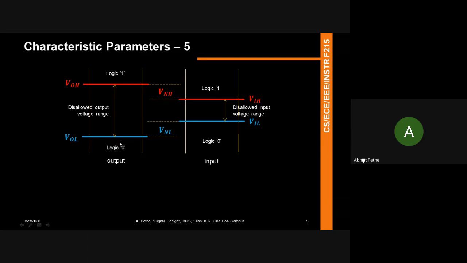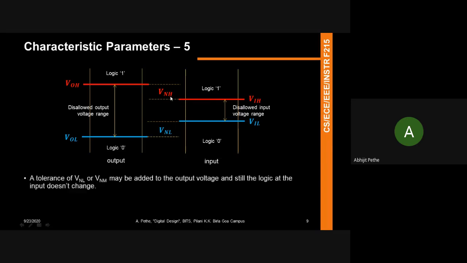Similarly, my output voltage at a low from one gate can increase by VNL and still be treated as a logic zero. So this is what is known as a noise margin, and it is an important parameter. The higher the noise margin, the better your design would be, right? Again, in TTL logic, this number works out to around 300 millivolts. So it's a good buffer to have, especially when you have to design large systems.